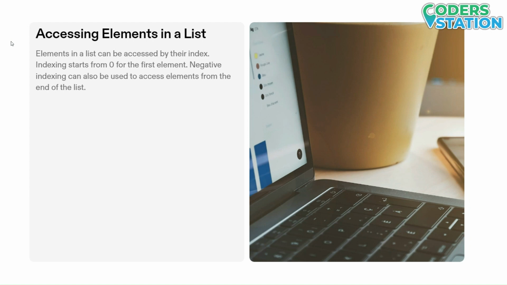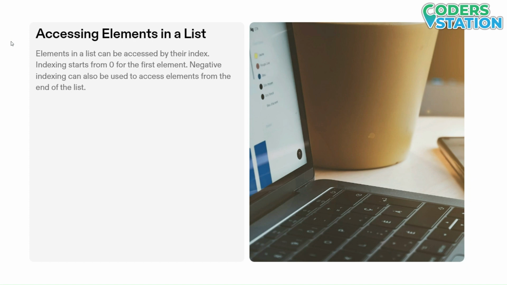So, how to access an element in the list? Accessing an element in the list can be done in two ways. That is, from our normal indexing method, that is, the index starts from 0 to the length of the list, that is n minus 1.